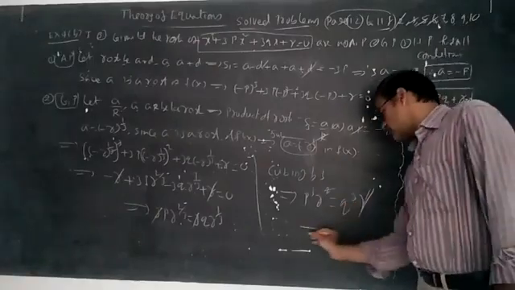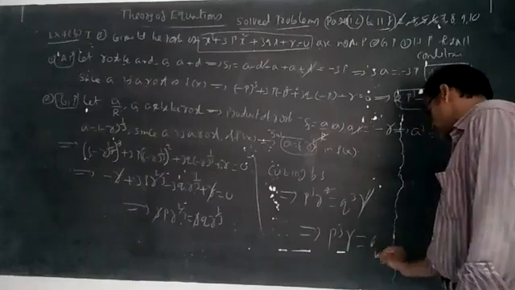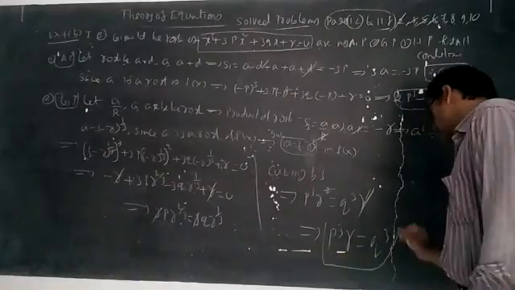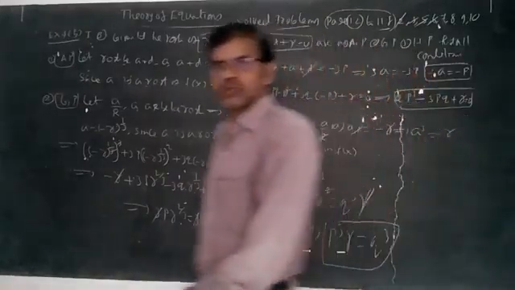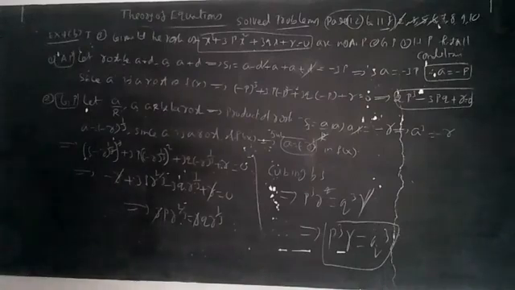R will get cancelled in r square, so we get p cube r is equal to q cube. It is an important objective bit. P cube r is equal to q cube.